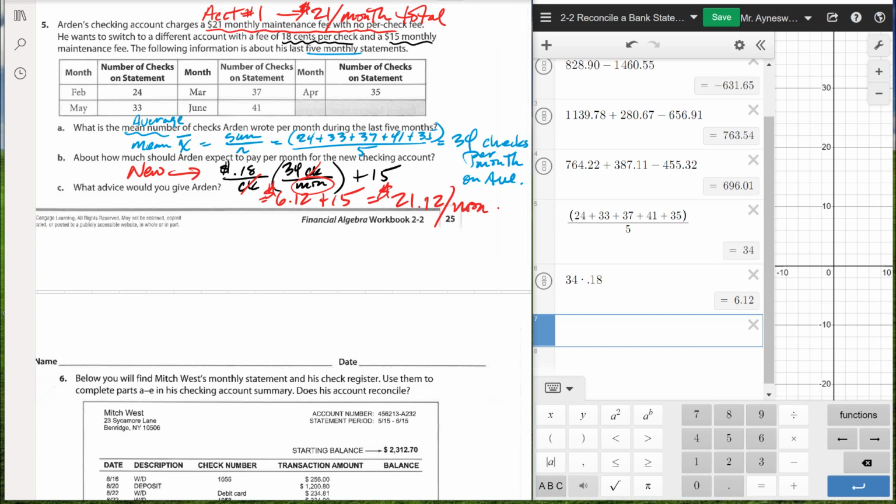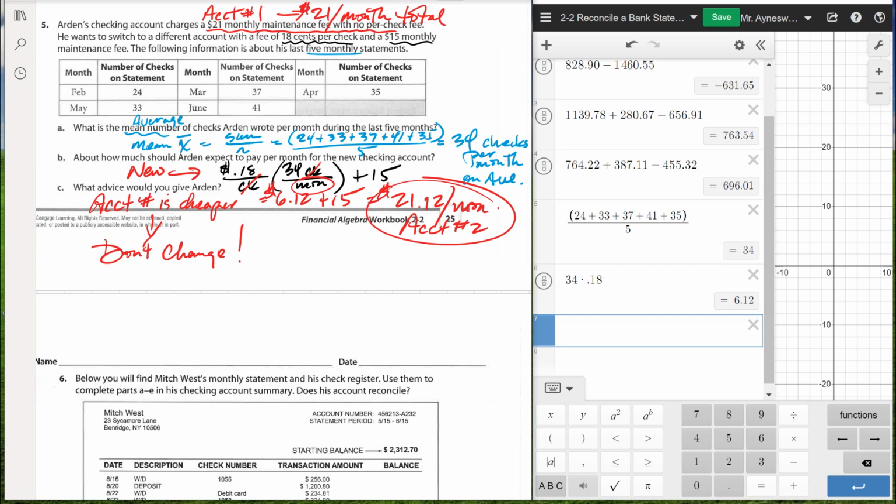However, if you just want to compare the two, account number 2 is $21.12 per month and account number 1 is only $21 per month. So account number 1 is cheaper. So don't change, or don't switch accounts.